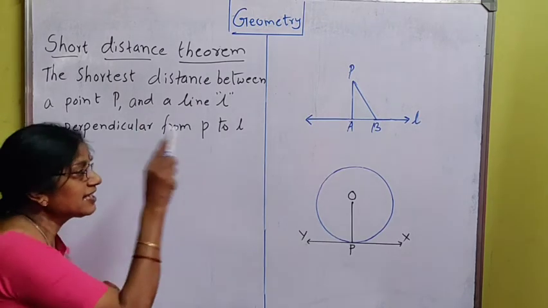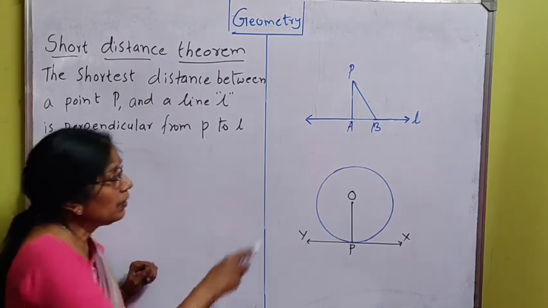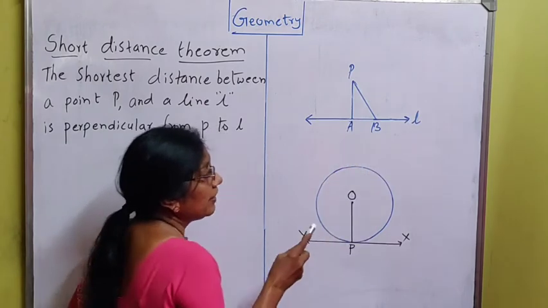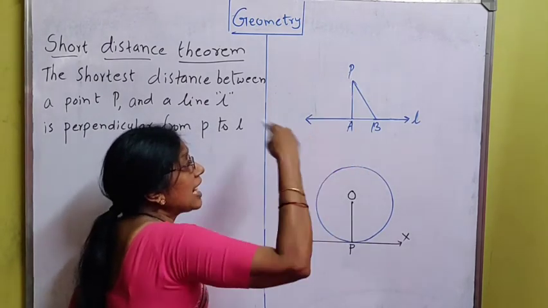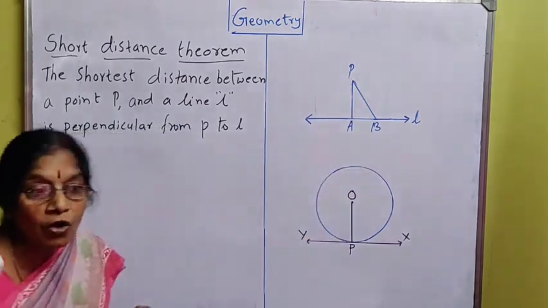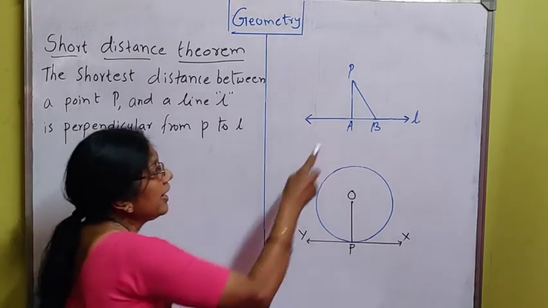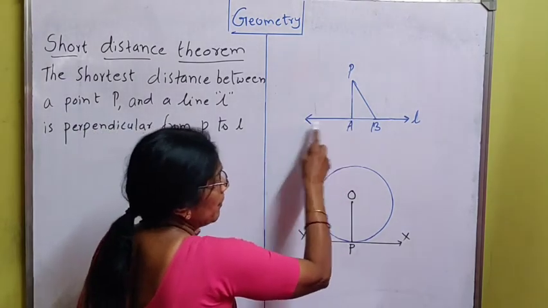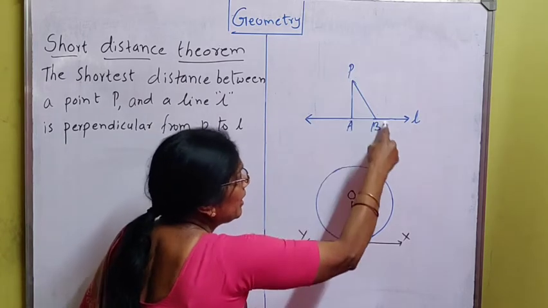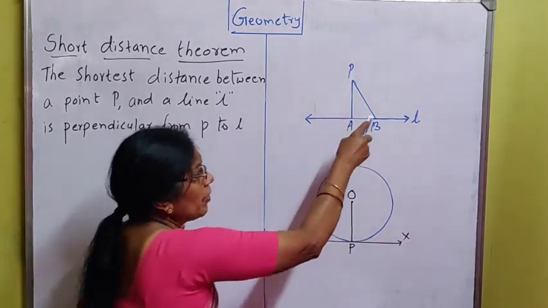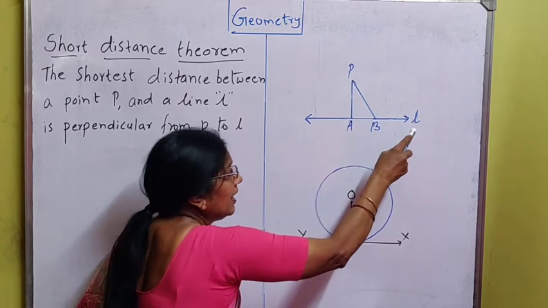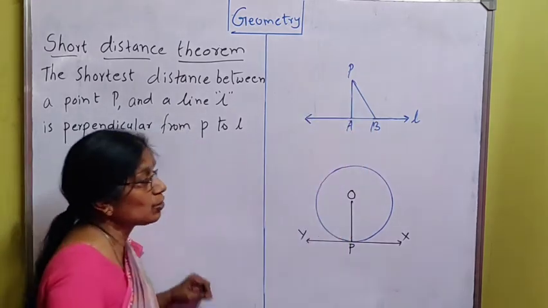So what does it say? Let us try to understand. This is the line L given. Point P is outside the line, not on the line. PA is drawn perpendicular to line L, and PB is also drawn, where another point B lies on the line L and PB is joined.